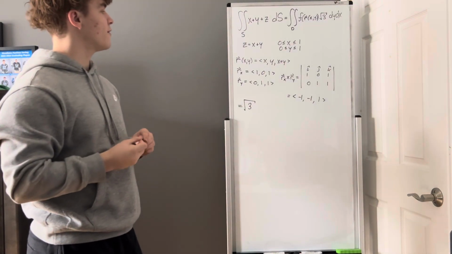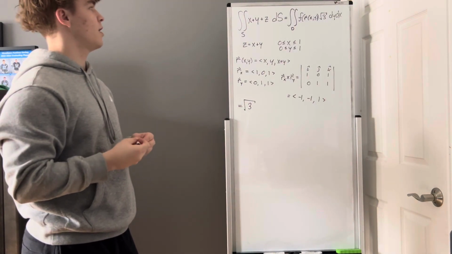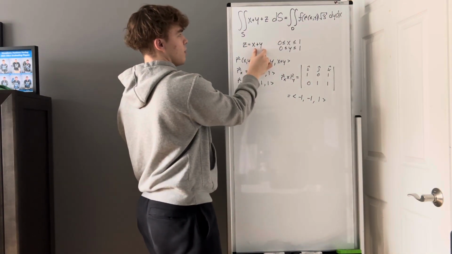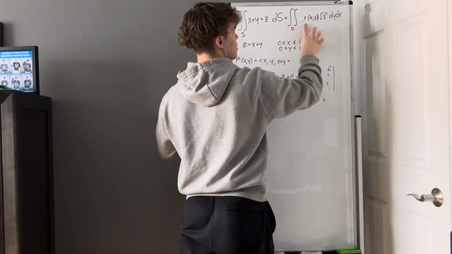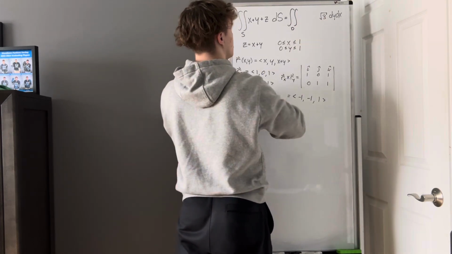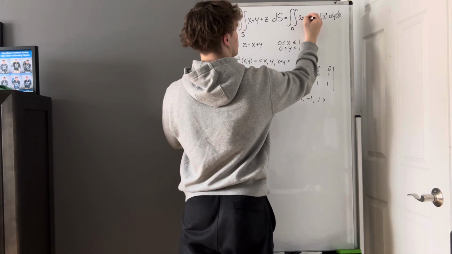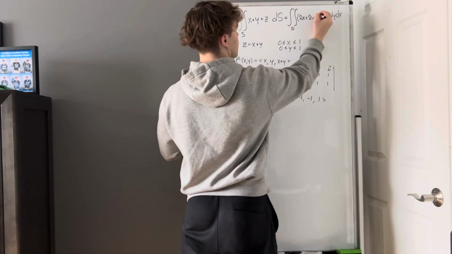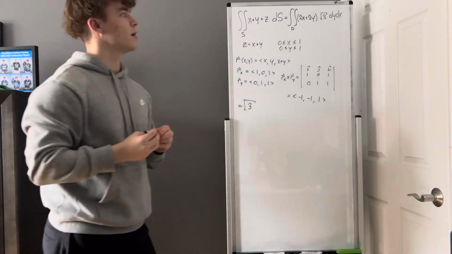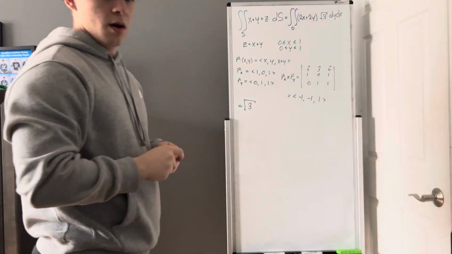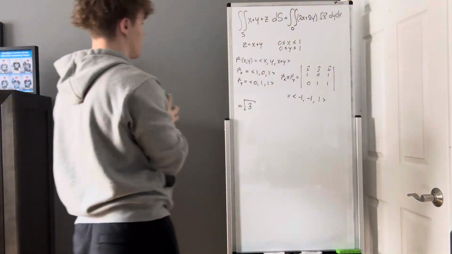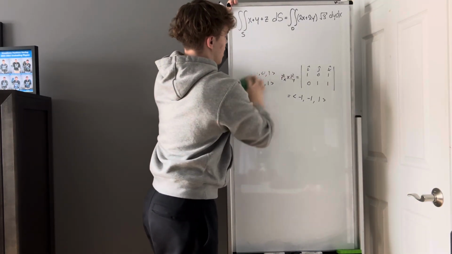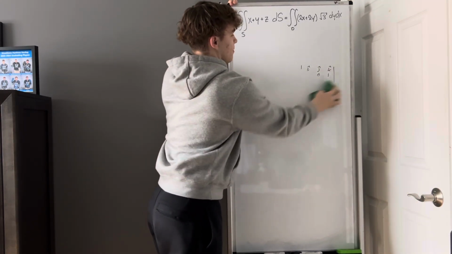And our f of r of x, y will just be this, but replacing z with x plus y. So that is just 2x plus 2y. Okay. Let's erase this since we have it all up here.